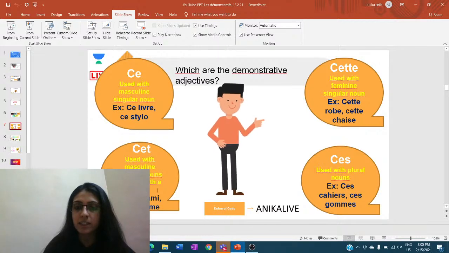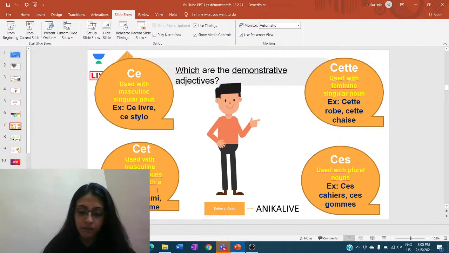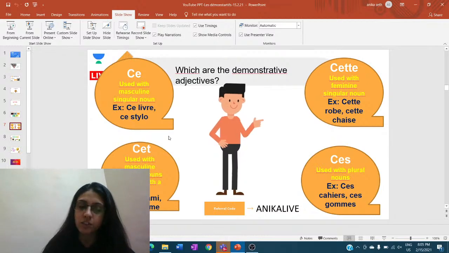As we said, these are based on the gender and number of the noun. For each gender and number, we'll discuss in detail. The four demonstrative adjectives are ce, cette, ces, and cet, which is also pronounced as cette.